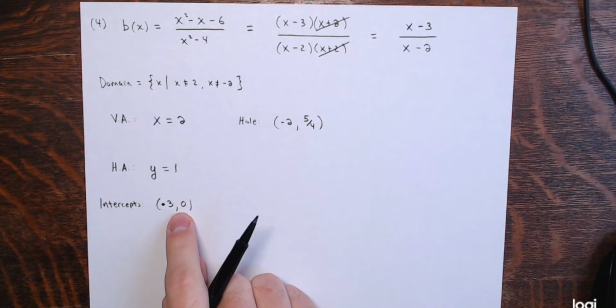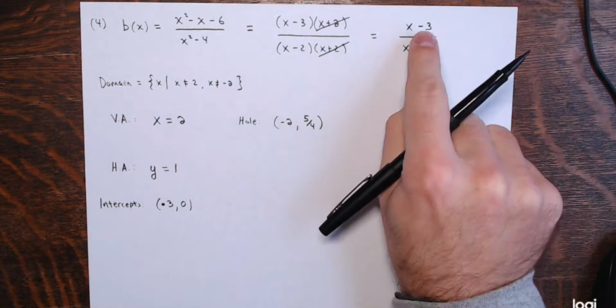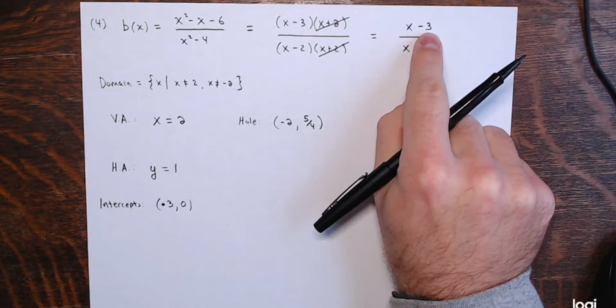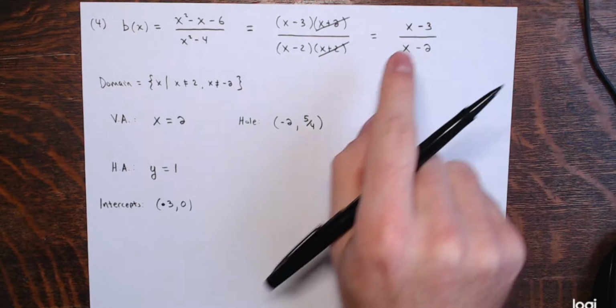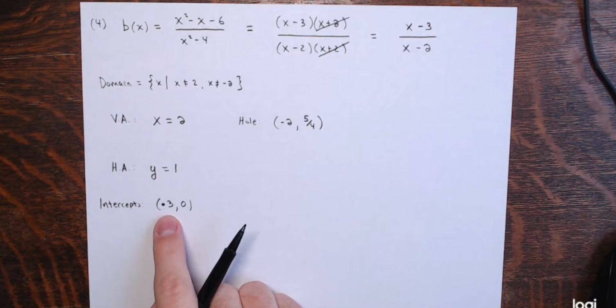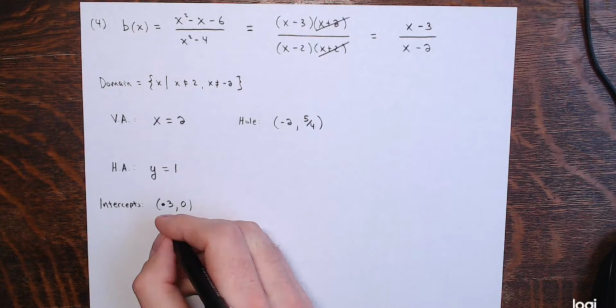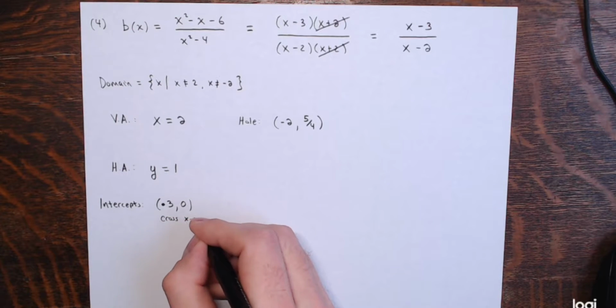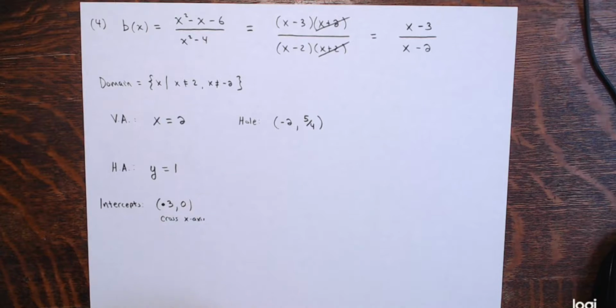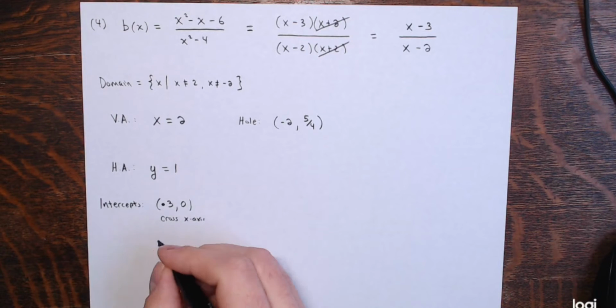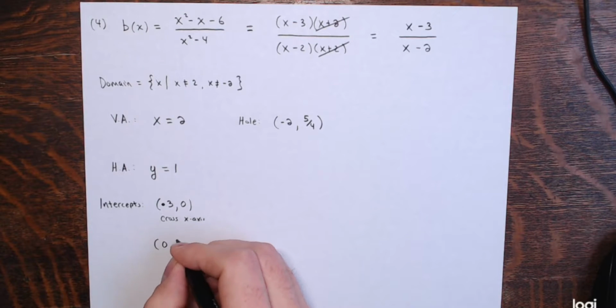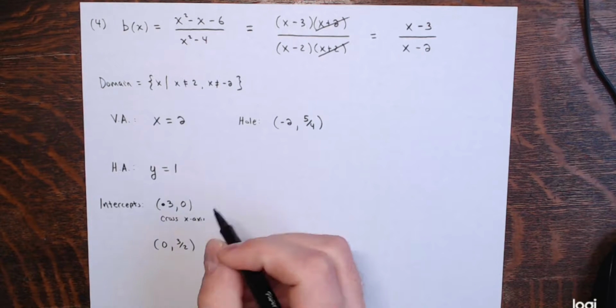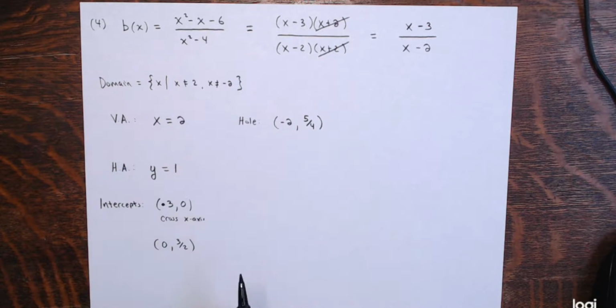So +3, 0. And once again, I'm noticing x minus 3 has a power of 1, so this is a multiplicity of 1. The graph's going to cross the x-axis. I'll write that here, cross x-axis at this because the multiplicity is odd. And then the y-intercept would be 0, 3/2. That's -6 divided by -4, +3/2.